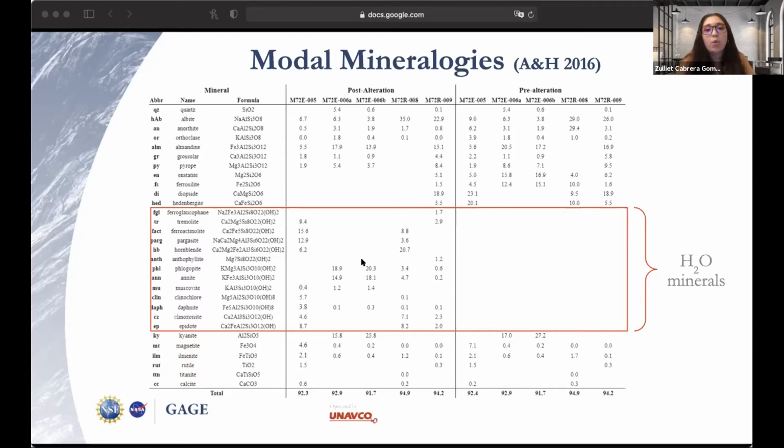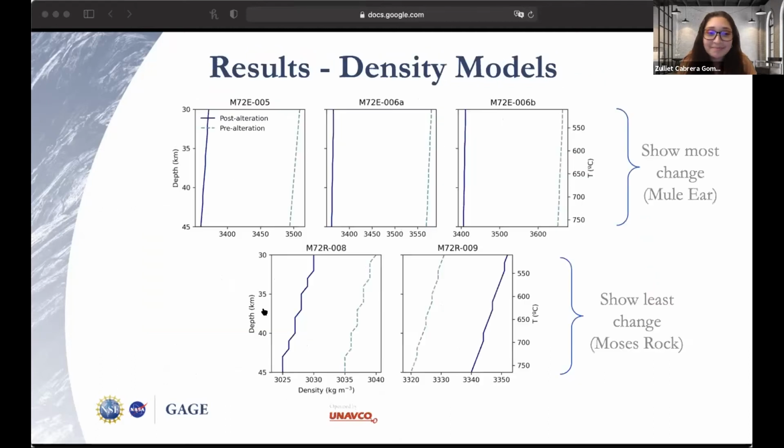In doing so, we impacted the density, which can be seen here in this slide. Here we are presented with density models with 3 axes: the depth, density, and temperature. For each graph, the solid line represents post-alteration and the dashed line represents pre-alteration. Each graph has this solid line towards the left of the graph.